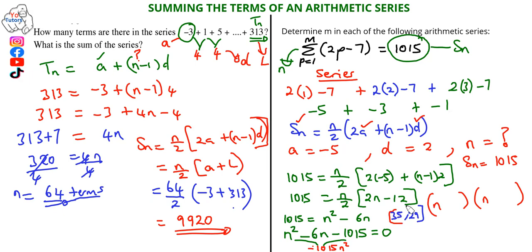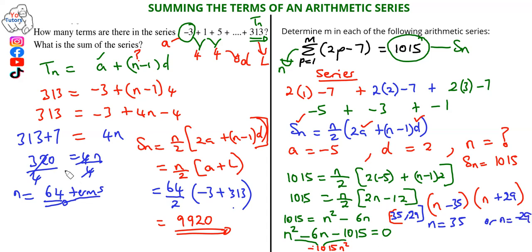So in this case, which needs to be negative? The bigger one needs to be negative and the smaller one needs to be positive for us to get negative 6 here. So what we're now going to plug in here is going to be n minus 35, then n plus 29. Okay, so in this case, our value for n is going to be equal to 35, or n is going to be equal to negative 29.